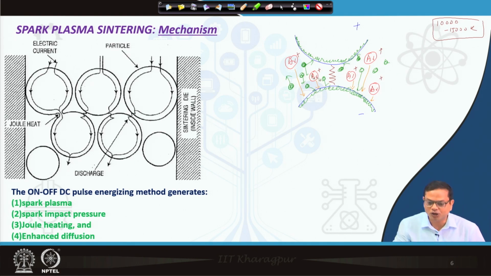Okay. Now, because of these argon ion movements, which are basically bombarding at a very high velocity on this surface, and at the same time these vapor clusters are also moving randomly and hitting the different surfaces of the powder particles, there will be surface cleaning. Okay.